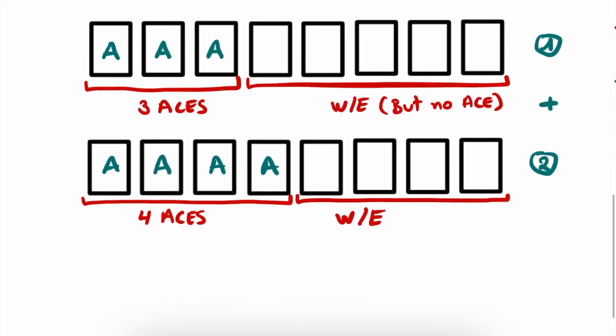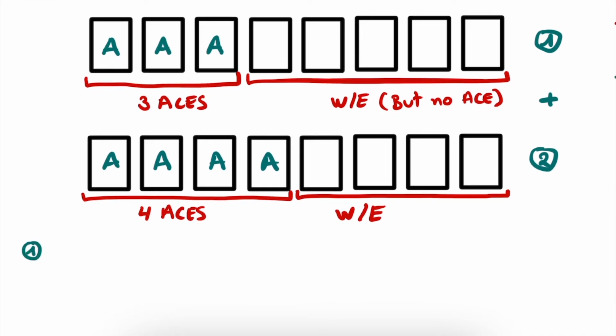And let's do that right now, starting with the first scenario, which is of course exactly the scenario that we had in the previous exercise, and we can directly copy its result. So we have 4 factorial divided by 4 minus 3 factorial multiplied by 3 factorial.